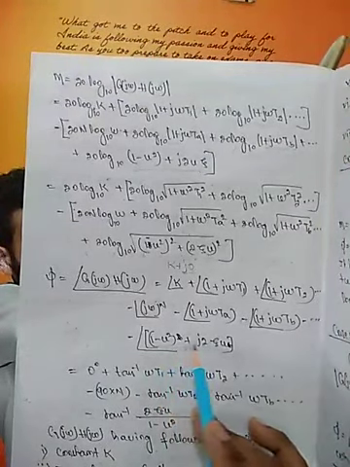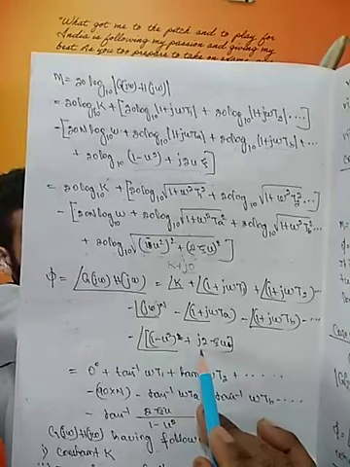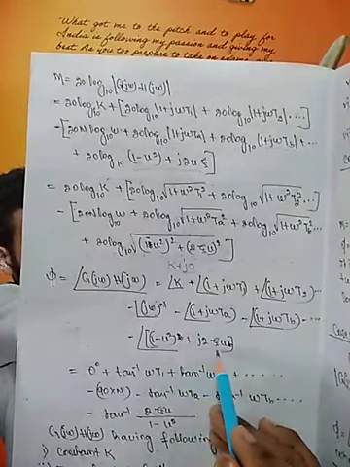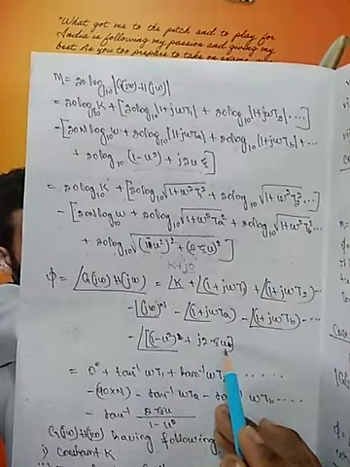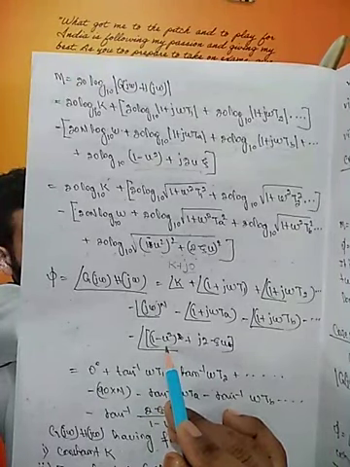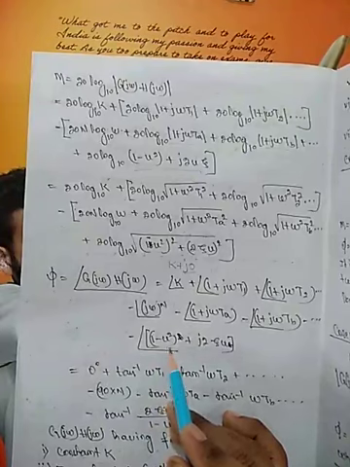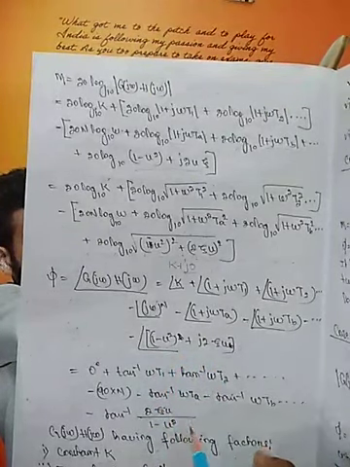For a pair of complex conjugate poles, the imaginary part is 2 zeta u and the real part is 1 minus u square. So its angle is tan inverse of 2 zeta u by 1 minus u square.